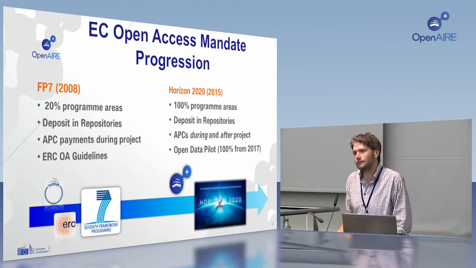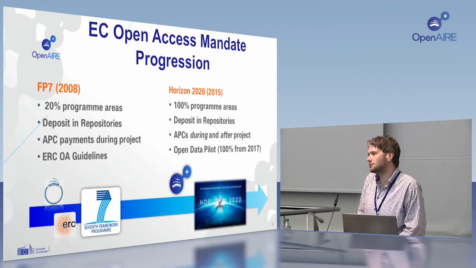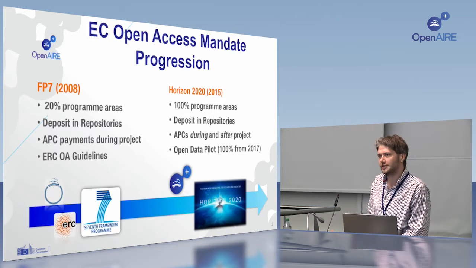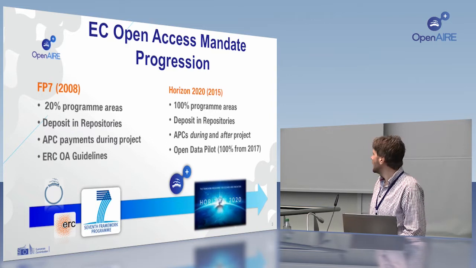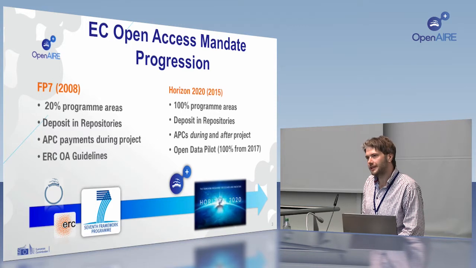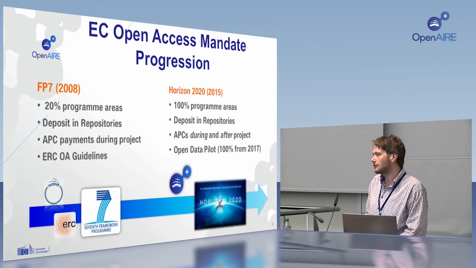We've just found out that from 2017, this will become, the word isn't mandate yet, open data by default. Lots of very easy opt-outs if you have concerns over sensitivity or competition or so on, but open data will become the default within Horizon 2020 from 2017.